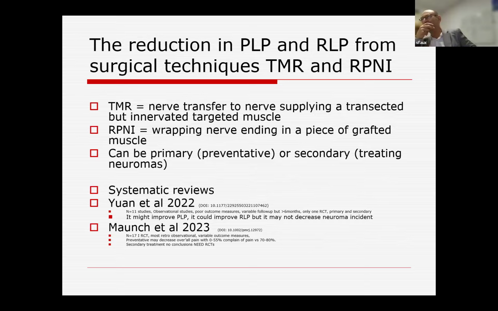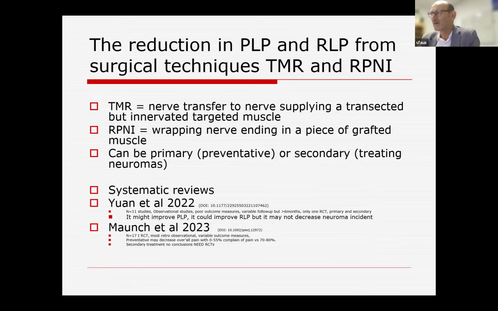So a reduction in phantom limb pain has actually improved because of surgical techniques. There are 2 surgical techniques that may be helpful. One is the nerve transfer, where you take the cut end of the nerve and transect it or graft it onto an existing nerve that supplies a part of the transected muscle.